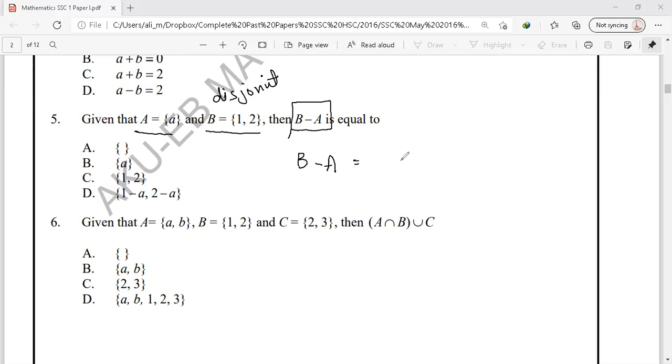So if we subtract these two sets, we will get the first set as the result, because these two sets are actually disjoint sets. So B minus A is equal to B, because B and A are disjoint sets. So our answer for question number 5 is option C.